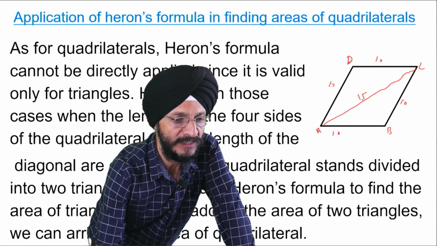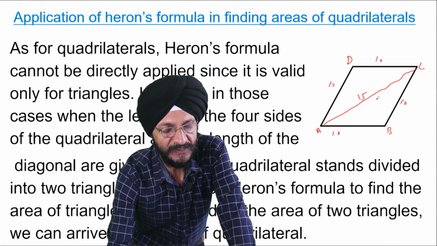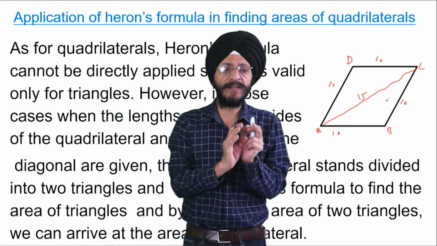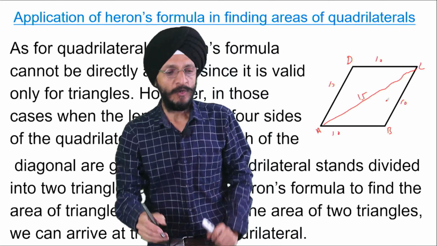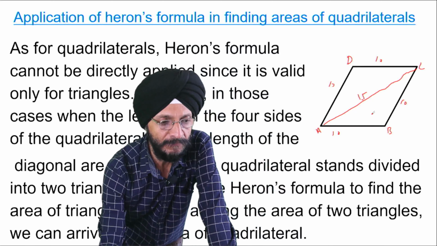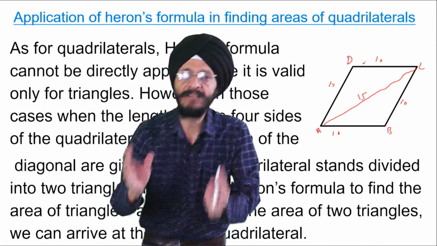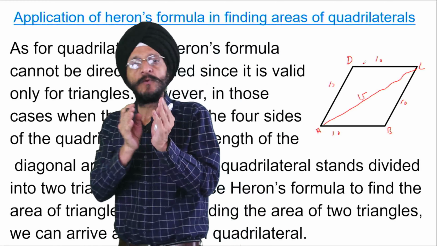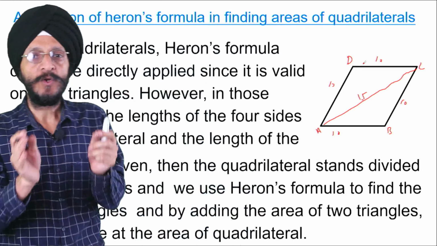In this picture you can see that the quadrilateral stands divided into two triangles. So here we can use Heron's formula to find the area of one triangle, then another triangle, and by adding the areas of these two triangles, we will arrive at the area of the quadrilateral.